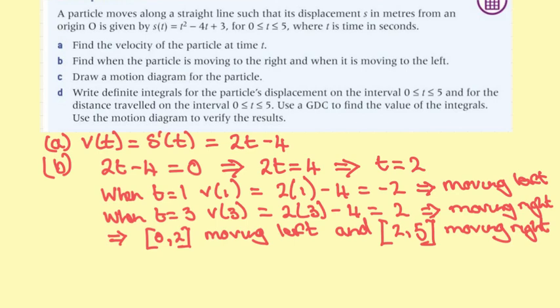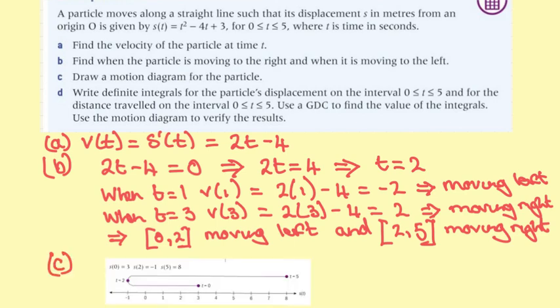Part C. Draw a motion diagram for the particle. In order to do this, we need to find the distance travelled when t is 0, t is 2, and t is 5. We can work out that when t is 0, s is 3.